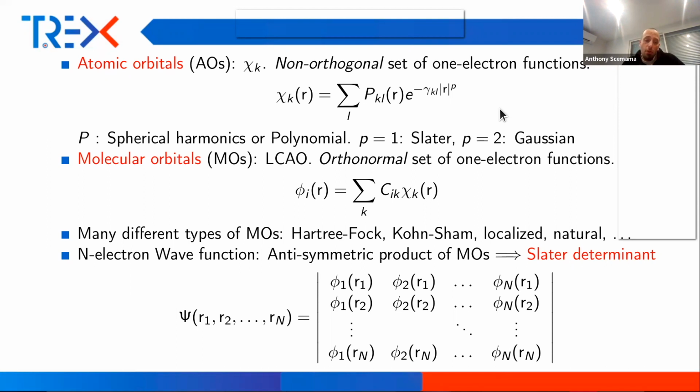Then if you orthogonalize this set of atomic orbitals, you get what we call molecular orbitals, which are linear combinations of atomic orbitals, usually orthogonalized. If you try to find the set of molecular orbitals which minimize the energy of a single determinant, you get the Hartree-Fock orbitals.